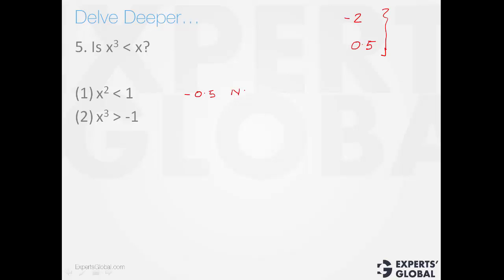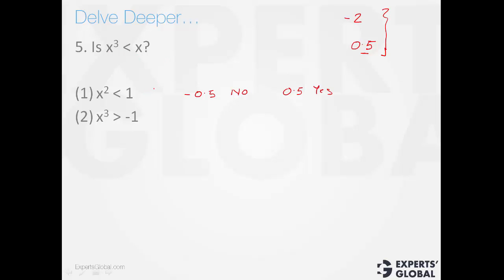However, positive 0.5 is also satisfying this inequality. If you put it here, on 0.5, we will get yes as an answer. So no is also possible, yes is also possible. Statement 1 is not sufficient.